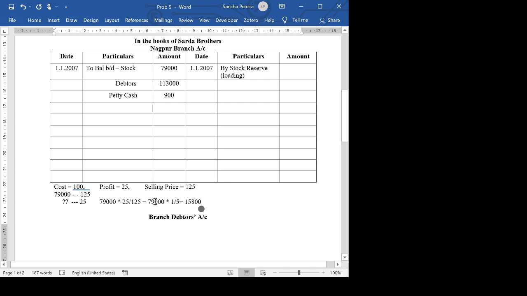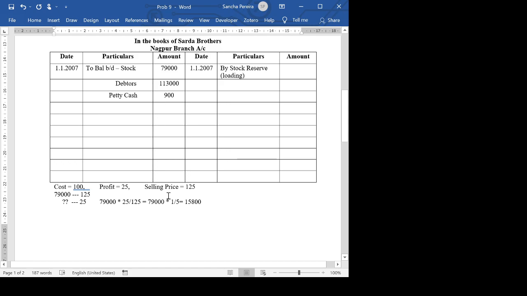This is like a rule. I've just done the calculation for you. So 1/4 on cost becomes 1/5 on selling price, and 1/5 is 20%. You can either take it as 1/5 or 20%. If you do 79,000 into 20%, you'll get 15,800 itself.